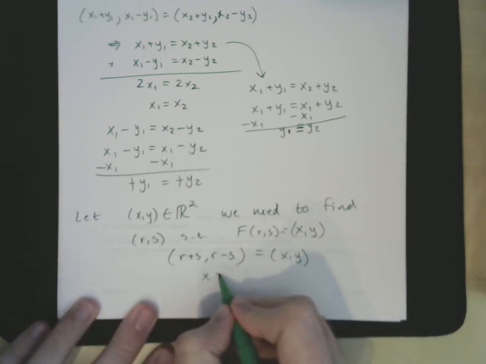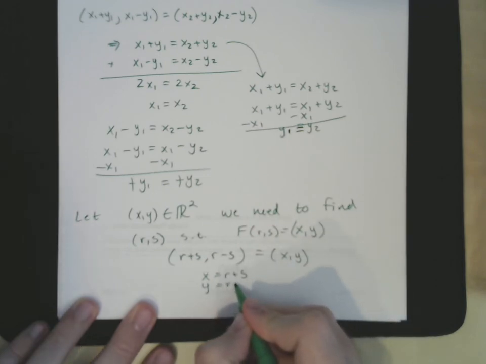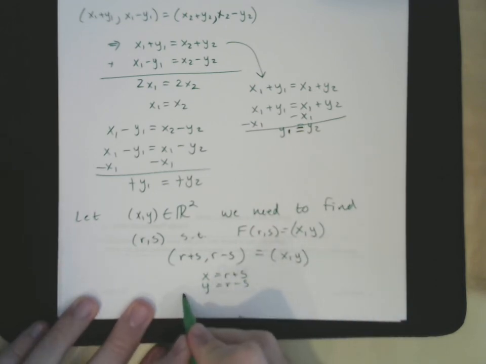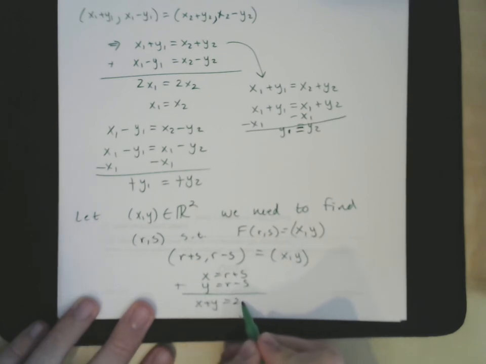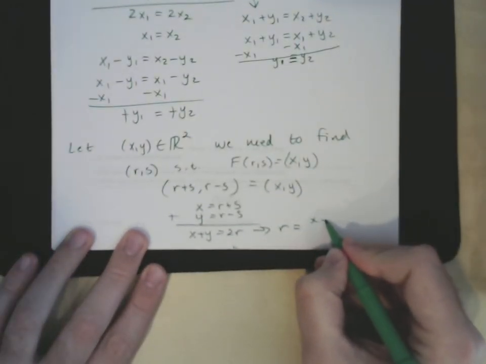So this means x equals r plus s, and y equals r minus s. And if I add these up, that means that x plus y has to equal 2r. And so r is going to equal, you guessed it, (x plus y) over 2.